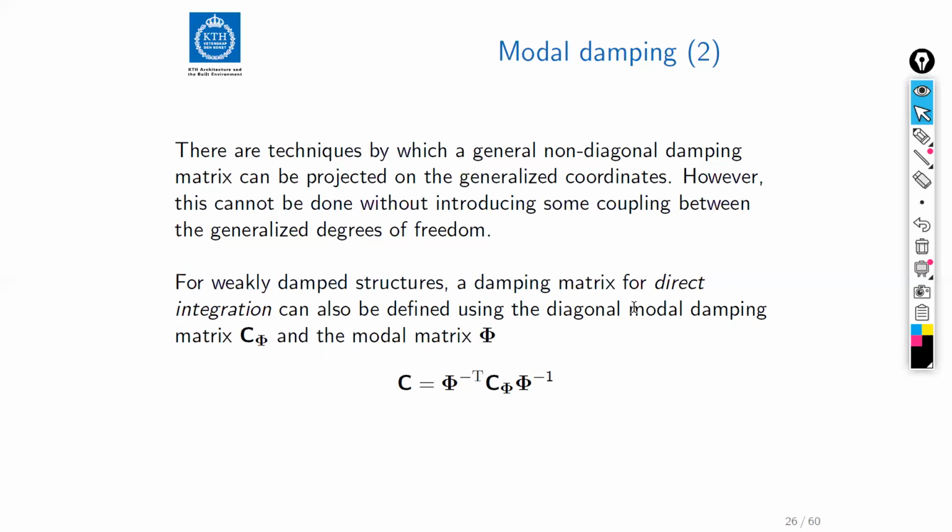This is a quite hypothetical situation, and this equation that you see here has grown out of my studies as a PhD student, really. And there we had this problem: how can we create a damping matrix to use in direct integration that corresponds to the assumption that all modes are equally damped?